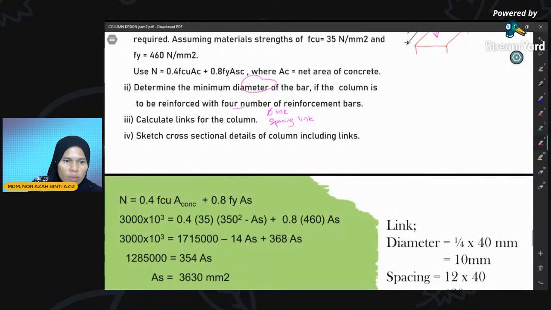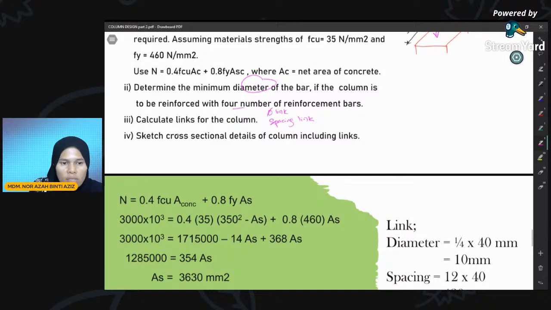Remember we have a formula N equals 0.4 FCU, net area of concrete, plus 0.8 FY, total area of reinforcement AS. N is given in kilonewton. Please be careful, FCU is in Newton per millimeter square, so we convert kilonewton to Newton.